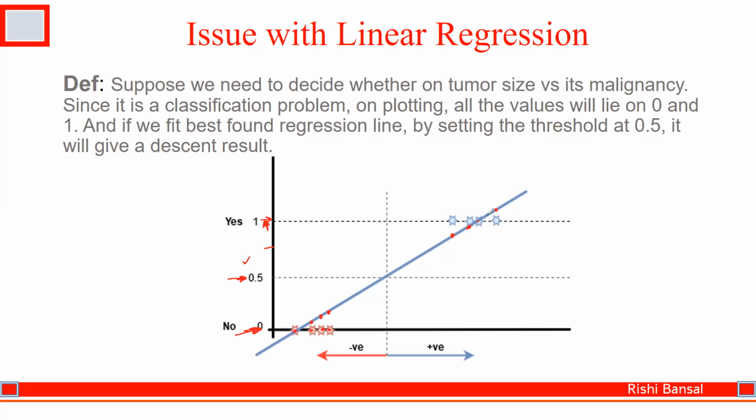So since probability cannot be more than 1 and cannot be less than 0, your line will become like this. If your size is less, on this side beyond this point, it is definitely 100% not a disease, not even a slight doubt.